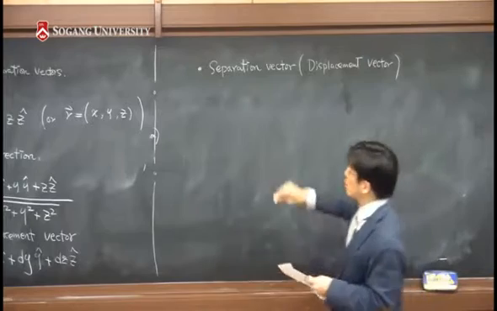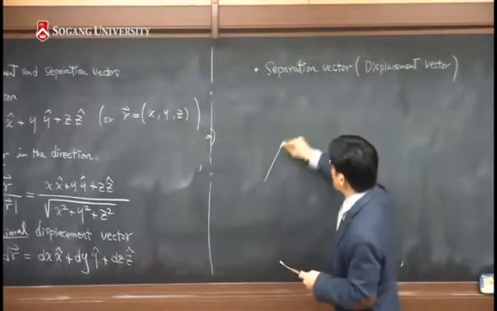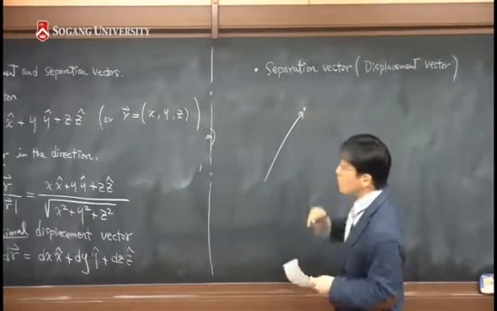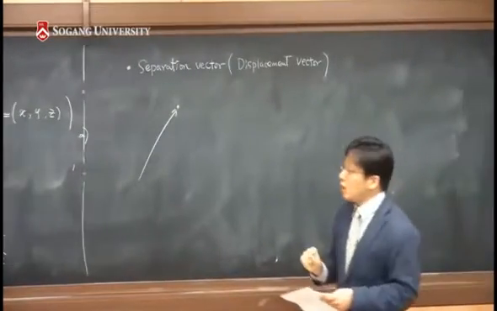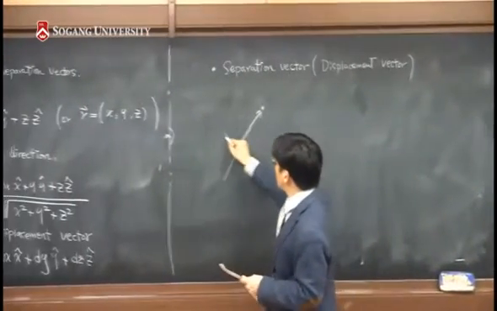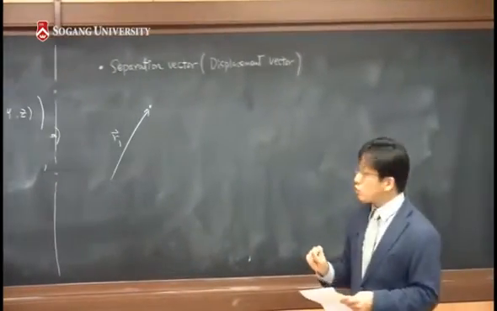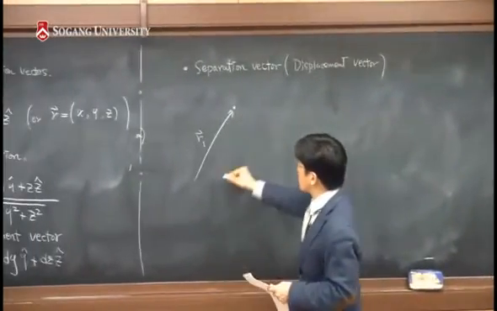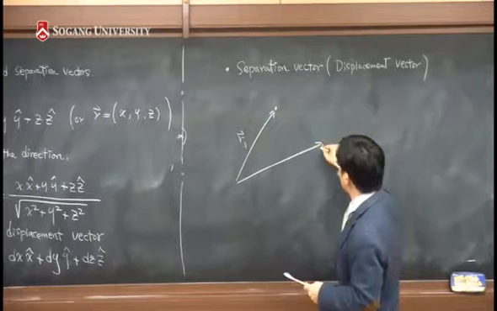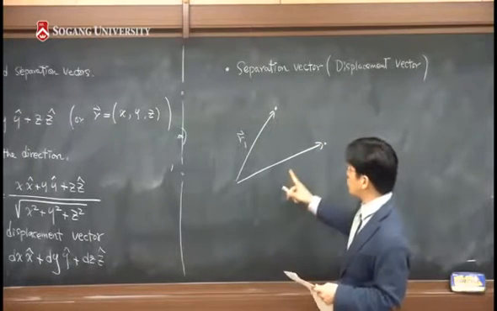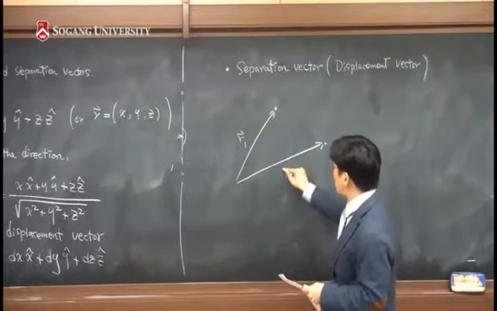Okay? So the separation vector is, let's say there was a particle here at a position given by the position vector R1, and it changed its position to a different point whose vector is denoted by R2.